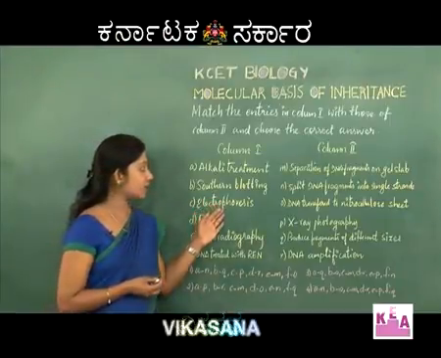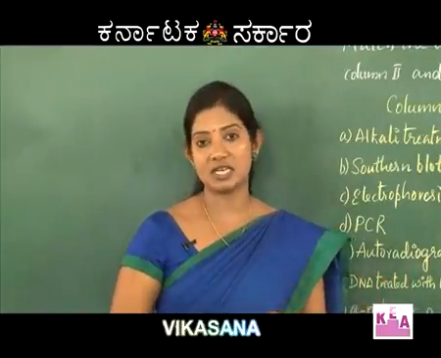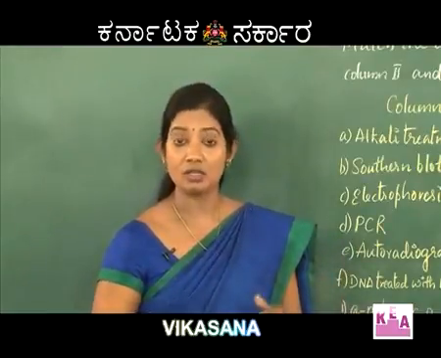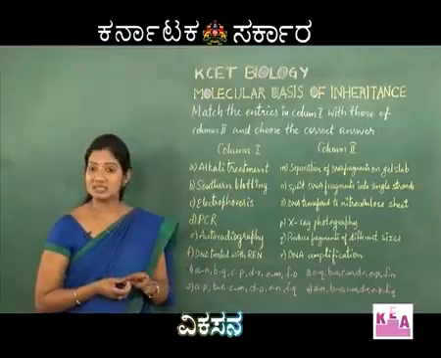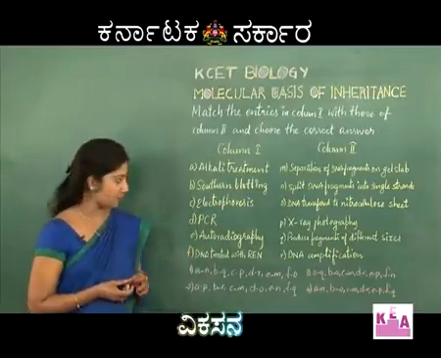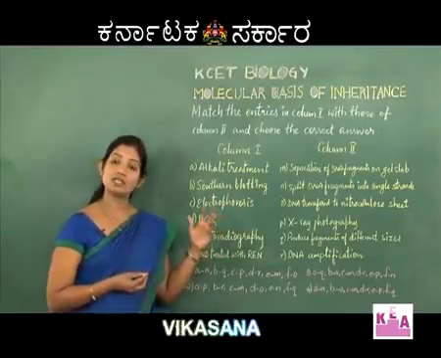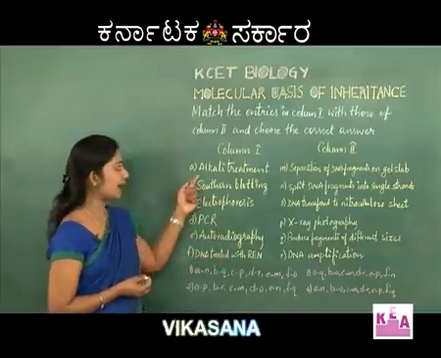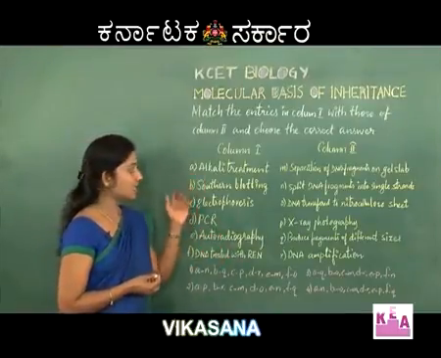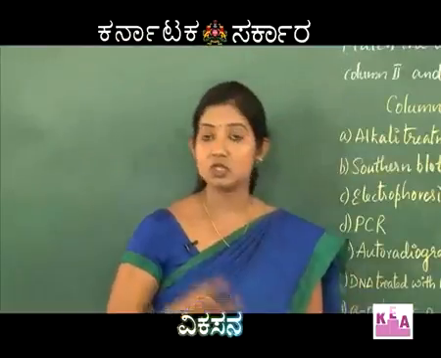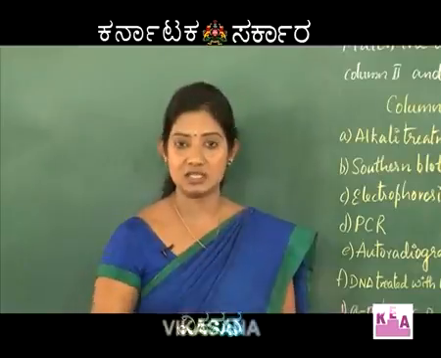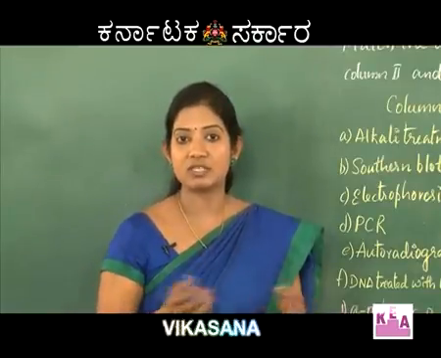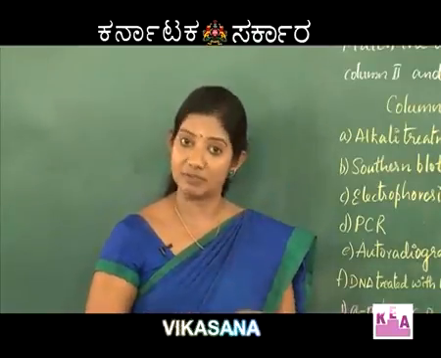This is a technique where the fragments of DNA get separated on the basis of size on an agarose gel slab. Once they get separated, they are treated with alkali. Why are these DNA fragments treated with alkali? This is because the double stranded DNA has to be converted into single strands, so that single strands are available.